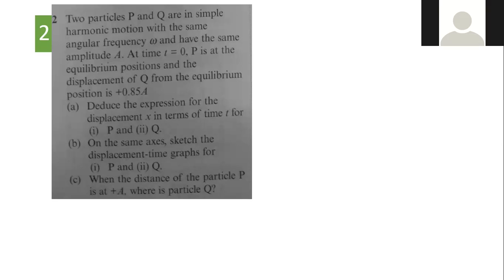At time t equals 0, P is at the equilibrium position, and the displacement of Q from the equilibrium position is plus 0.85a. Deduce the expression for the displacement x in terms of time t for P and Q. Okay, what's the equation for P? Any idea?